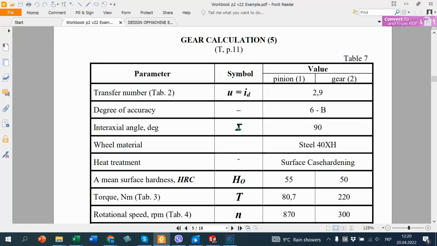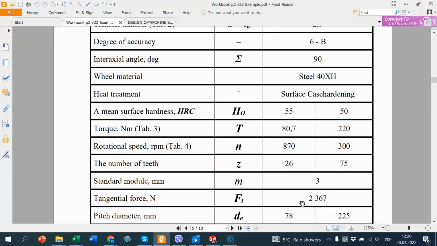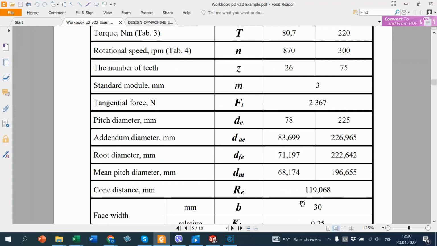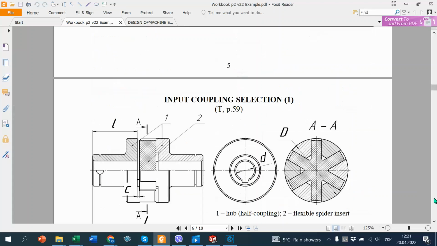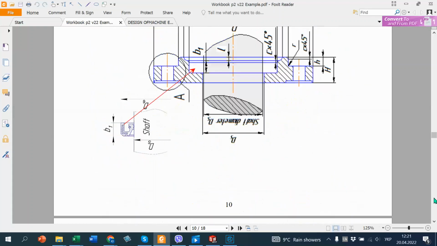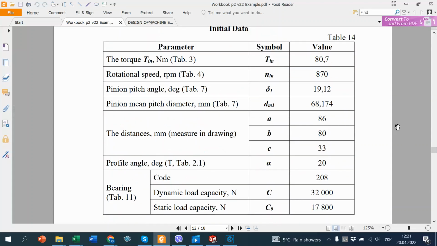Here you see torque, rotational speed, pitch angle, and after that dm, also from table 7. dm1 means that it is for the pinion.